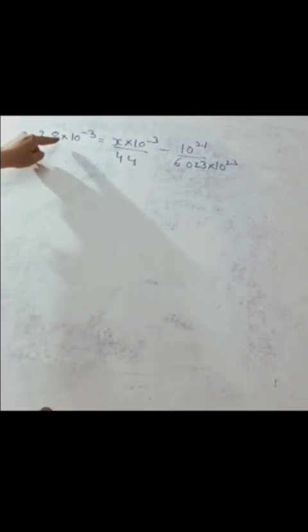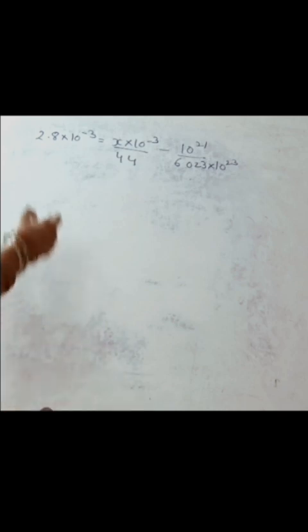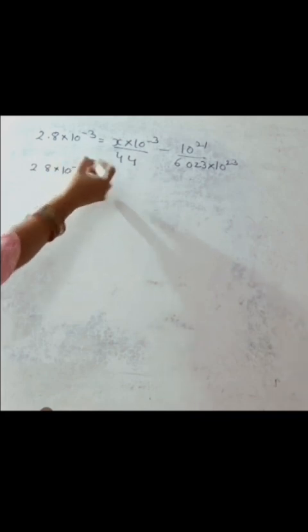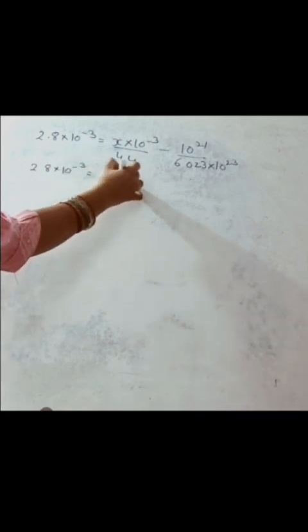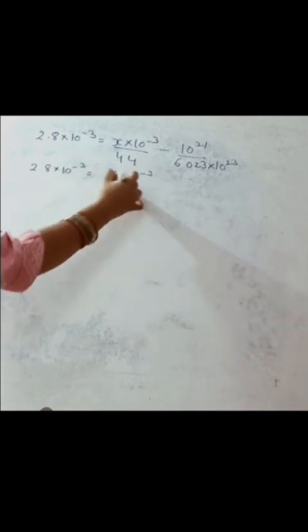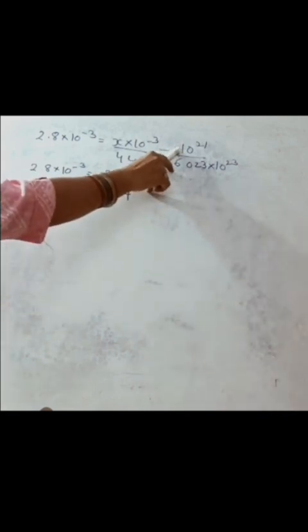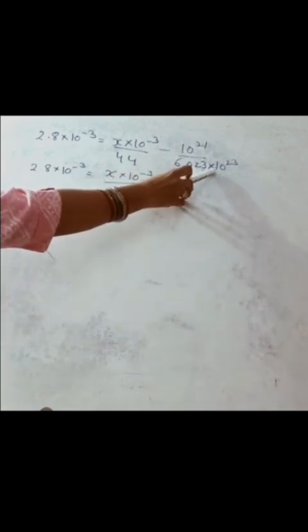2.8 into 10 power minus 3 is equal to X into 10 power minus 3 by 44 minus 10 power 21 by 6.023 into 10 power 23. Here 10 power 21 is there, and 10 power 23 is there.